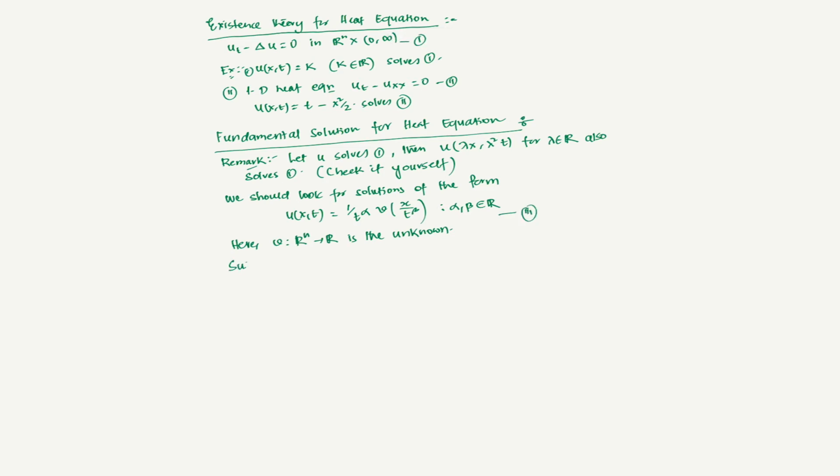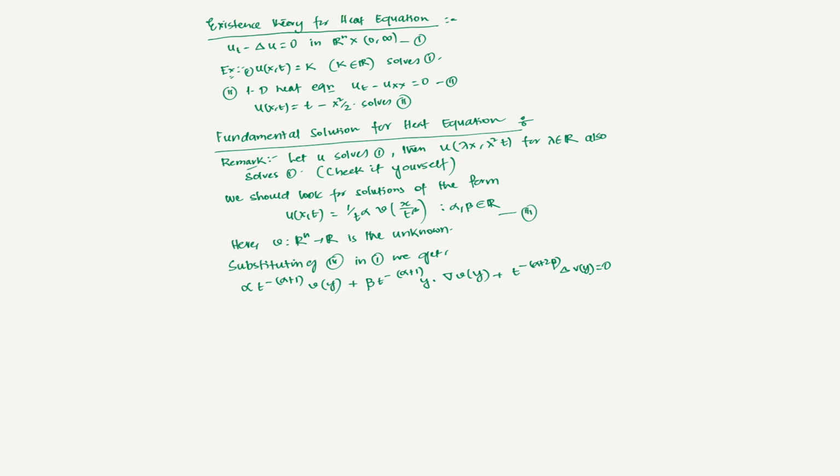Now substituting 3 in 1 we get alpha times t power minus alpha plus 1 v of y, plus beta times t power minus alpha plus 1 y dot gradient of v of y, plus t power minus alpha plus 2 beta, Laplacian of v of y, equals 0.